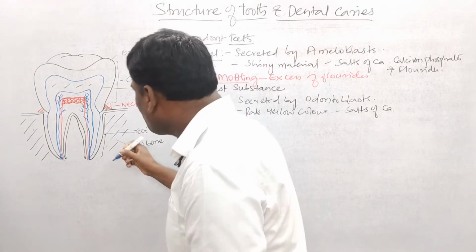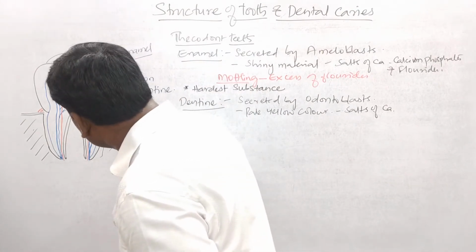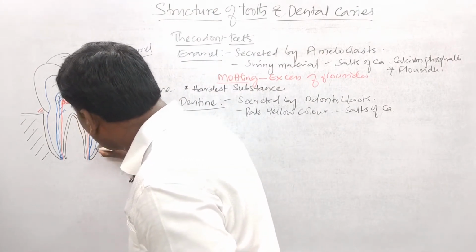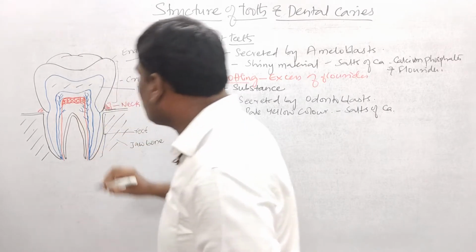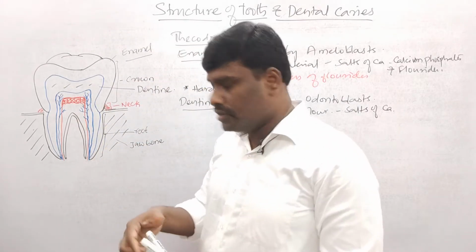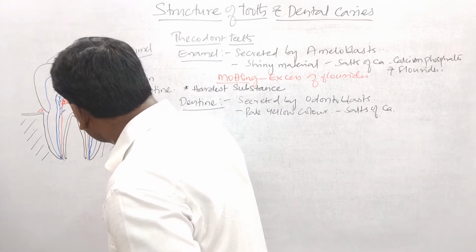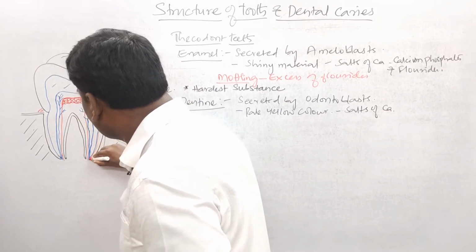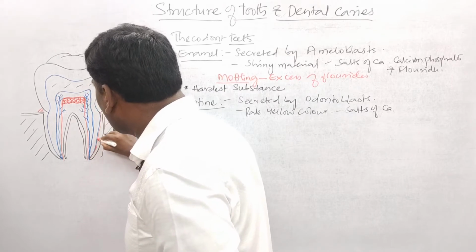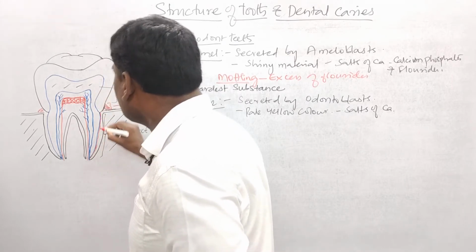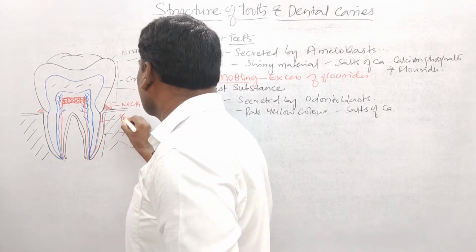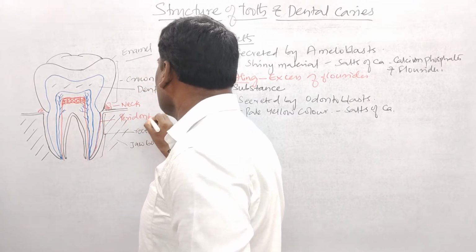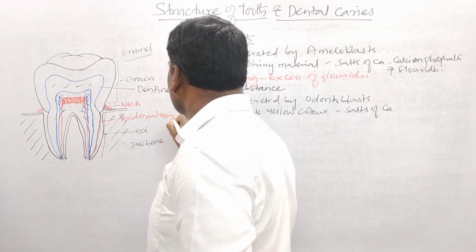When you see this root, children, it has a layer called the periodontal membrane. I'll draw it in red color, which is a covering over the root of this tooth, children. So we call this the periodontal membrane.